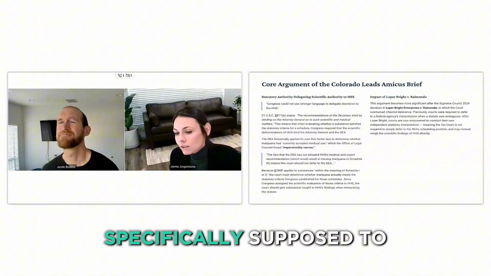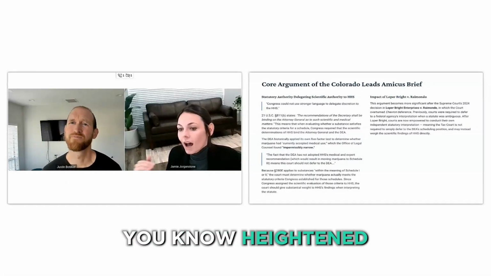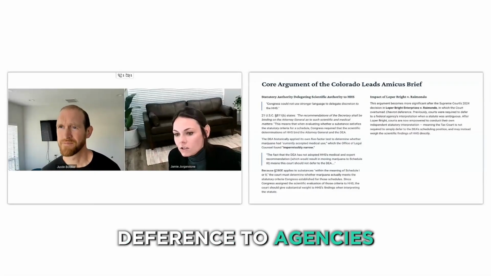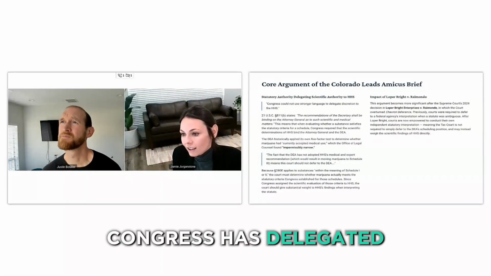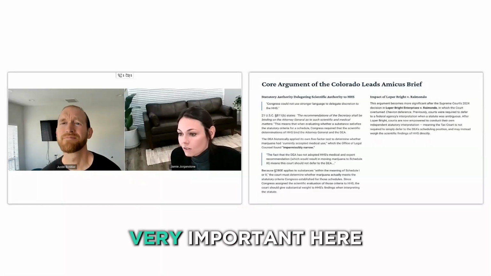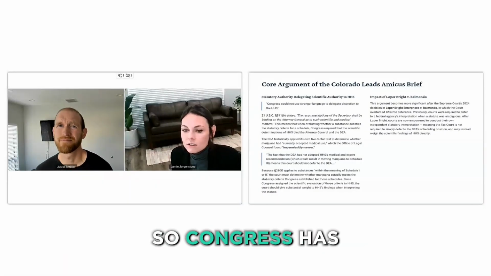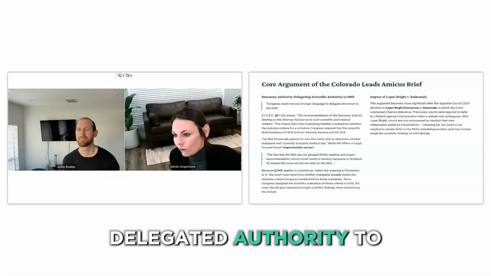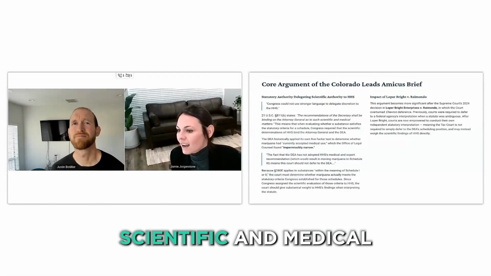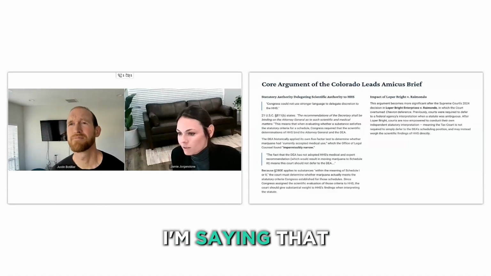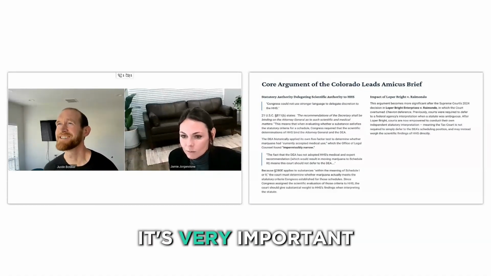And they're also specifically supposed to give heightened deference to agencies to which Congress has delegated authority. So that is very important here. Congress has delegated authority to the HHS in making these scientific and medical recommendations. I feel like I'm saying that again and again, but it's very important.